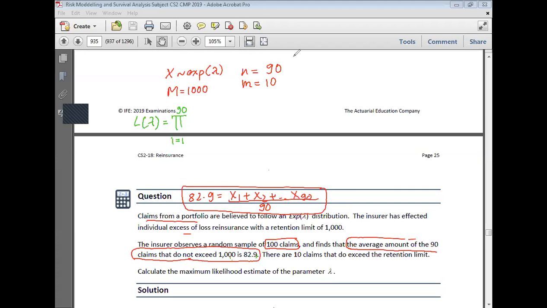So see again, ignore the information that you don't need as of now, because sometimes you don't even know when the information might come in handy, or maybe it's just an extra bit of information that you don't need. So just see what you will do if you want to write a likelihood function for this. Oh, sorry, yeah, we know the distribution, so we can go ahead with that. Right? So what should I be doing next?